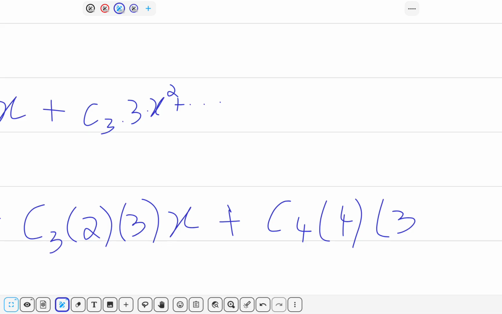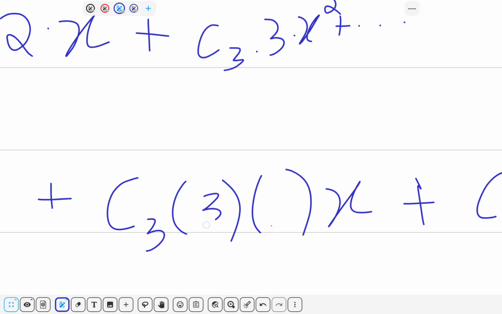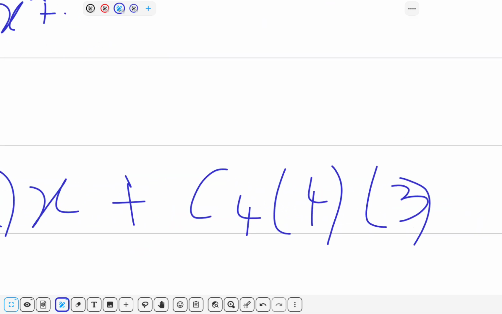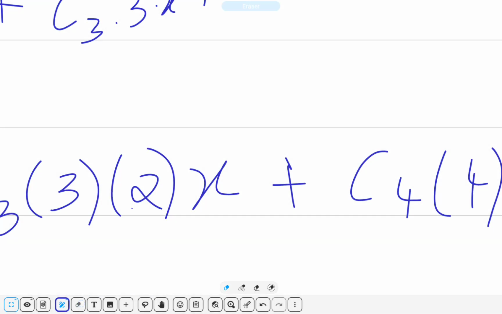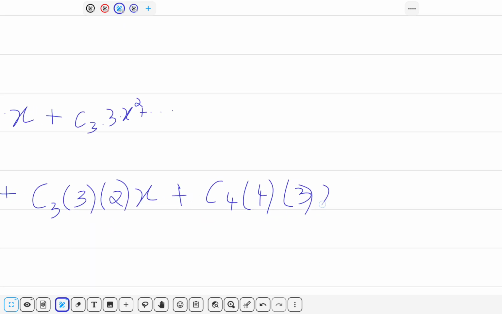Wait, am I doing it right? I think I am doing it right. Pattern is a little off, but it's good enough. And then now it will be x square, of course, and it just keeps going.